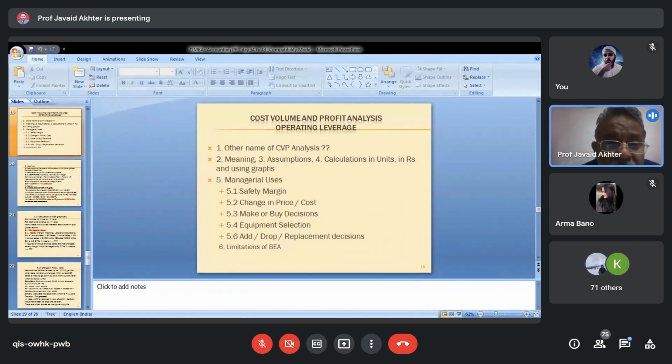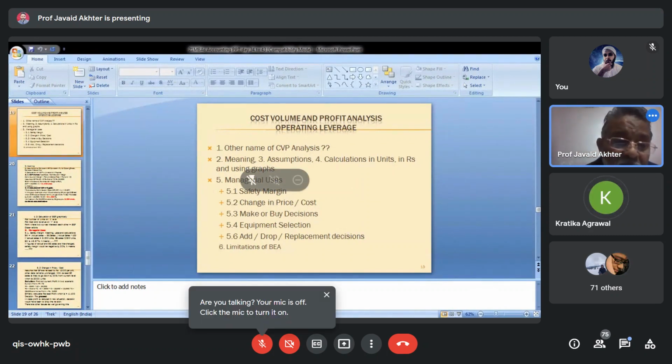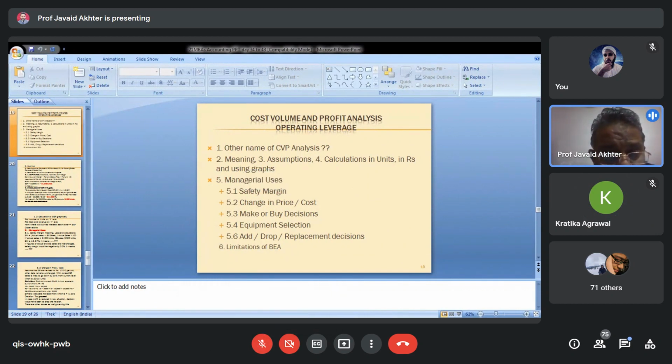So now we proceed to how to calculate this and how to take decisions based on it. Calculations can take 3 different forms.